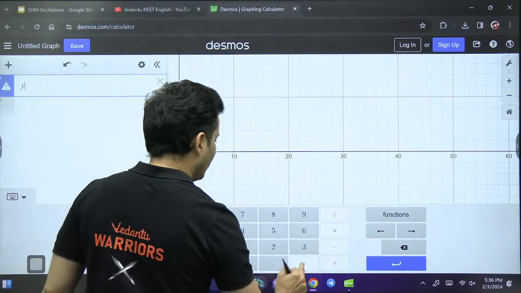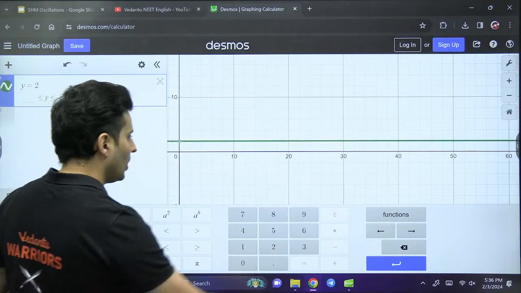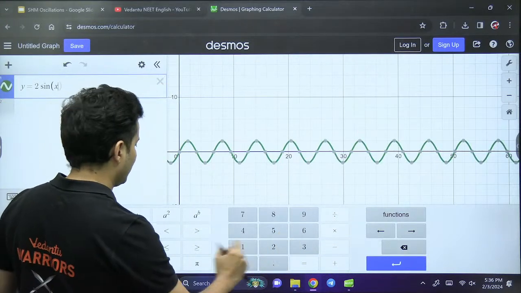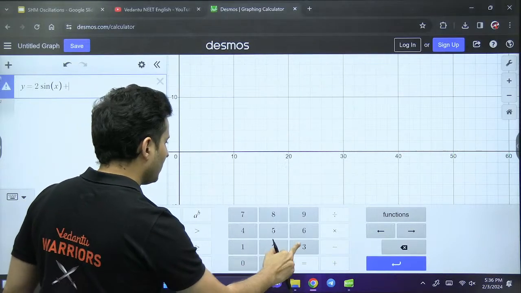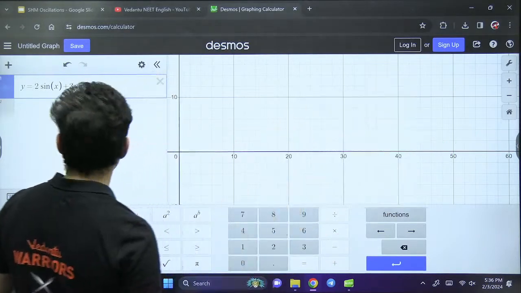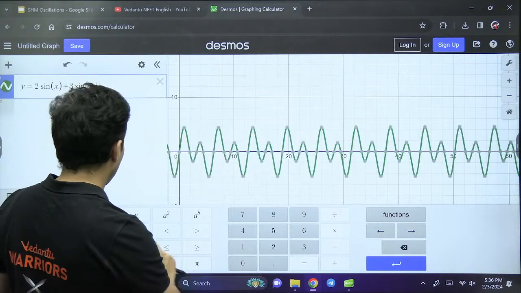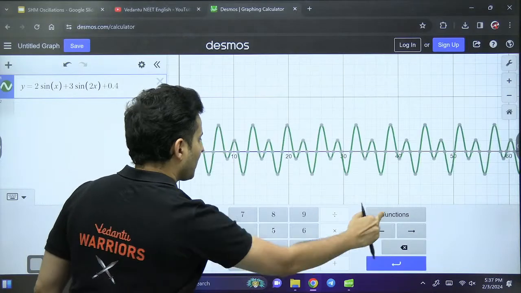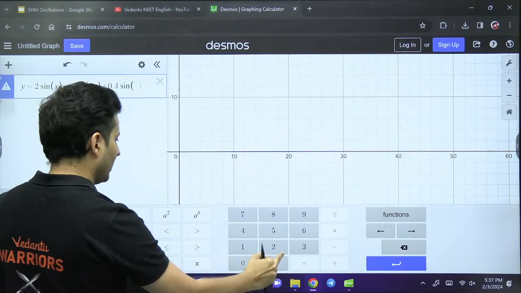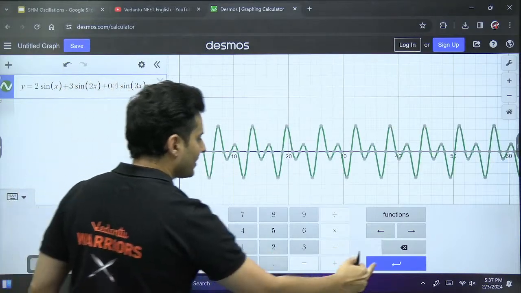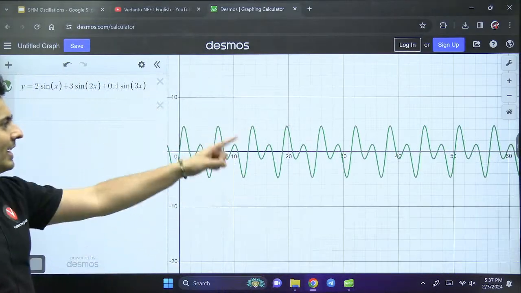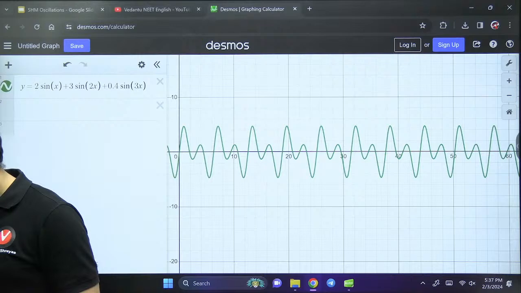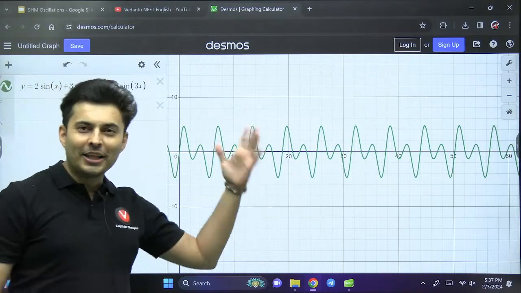Y equals maybe 2, let's say, sine of x plus 3 sine of 2x, plus 0.4, and then sine of 3x. Very nice, and see how it looks. Is this also periodic in nature? Wow, it is. Isn't this also periodic in nature?